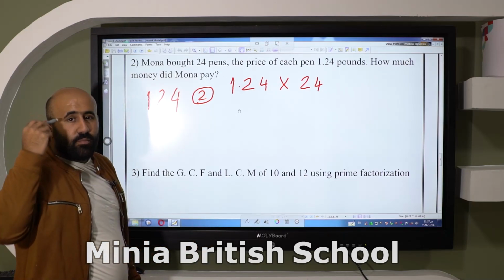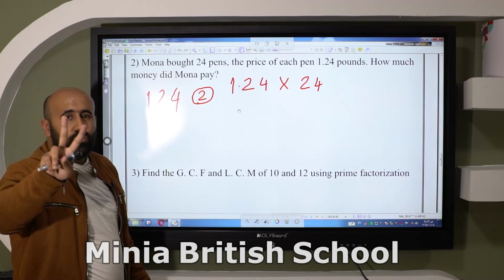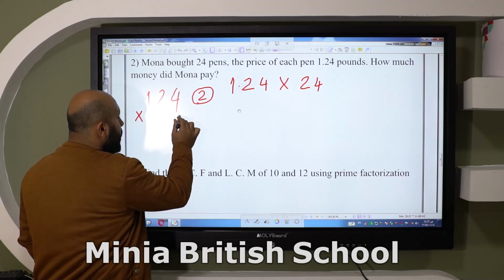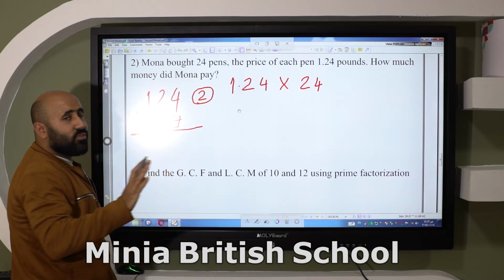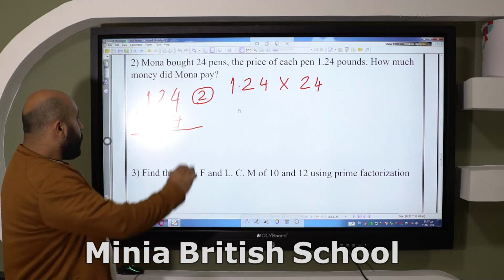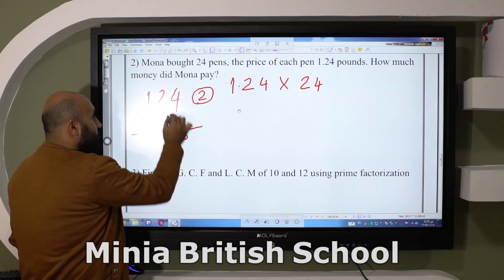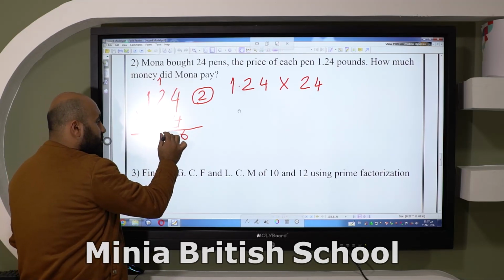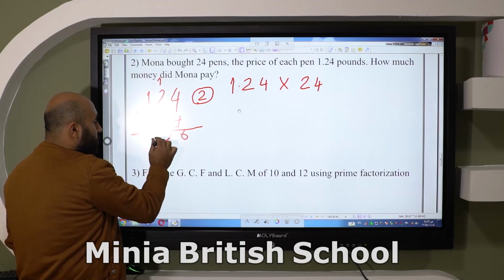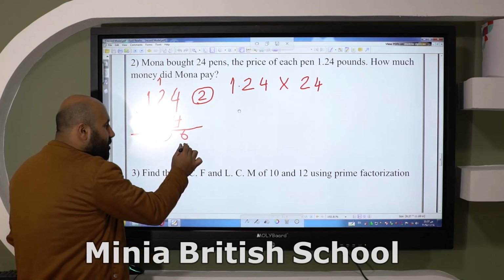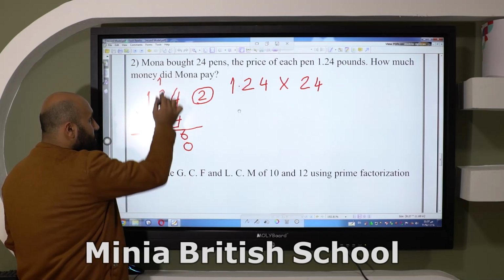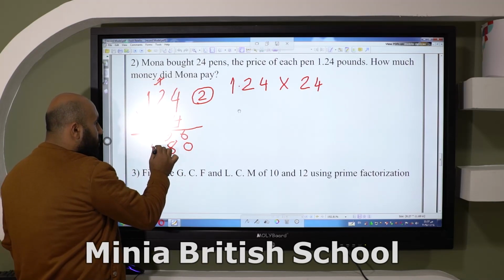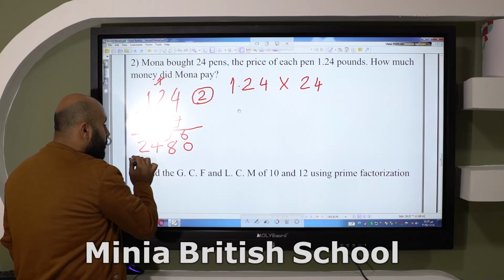That reminds me that the decimal point is after 2 digits, and then times 24, and do an ordinary multiplication. 4 times 4 equals 16. 6, carry 1. 4 times 2 equals 8. 8 plus 1 equals 9. 4 times 1 equals 4. And don't forget to put the 0. 2 times 4 equals 8. 2 times 2 equals 4. And 2 times 1 equals 2.